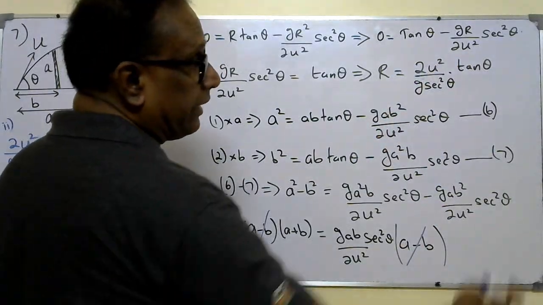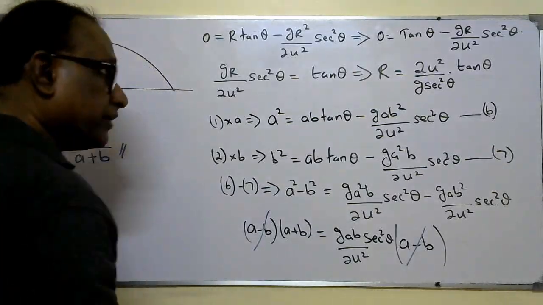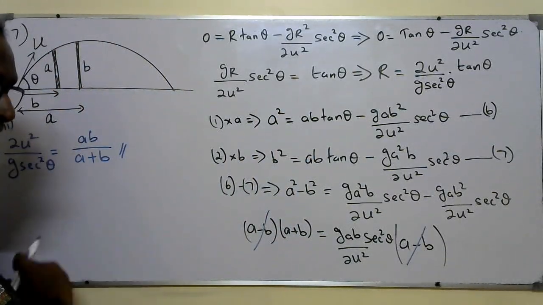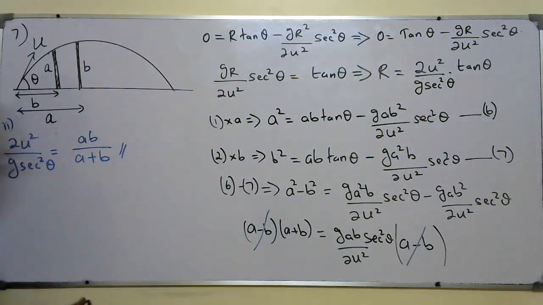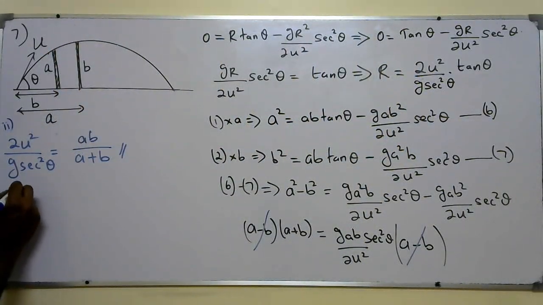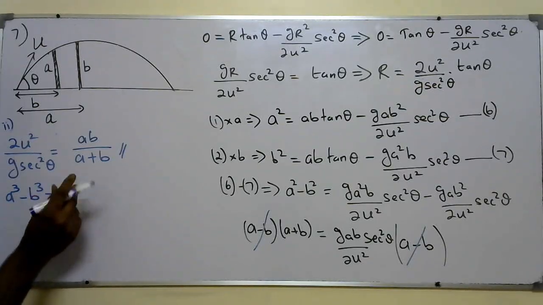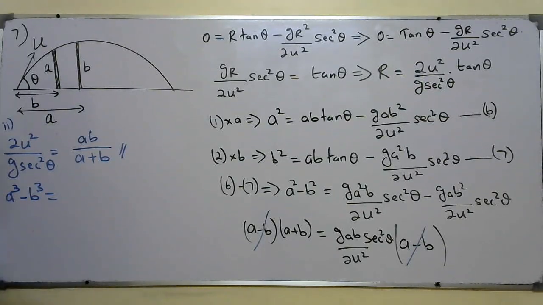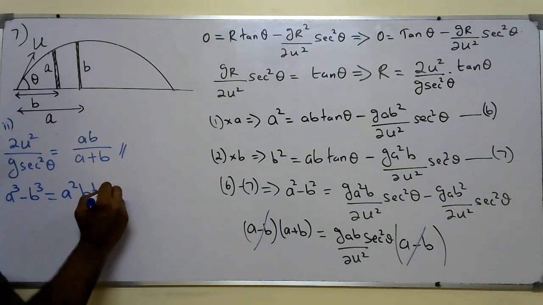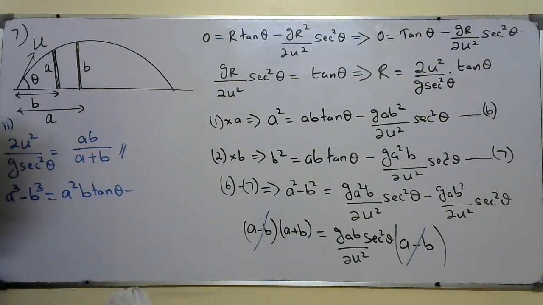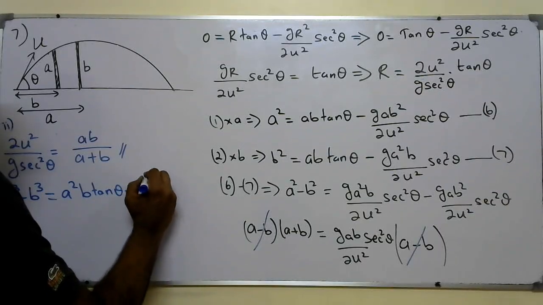Then what should I do? I have to find tan theta. To find tan theta, I wrote an equation, I removed it. a cubed minus b cubed, I wrote it before erasing it. a cubed minus b cubed equals a squared b tan theta minus a b squared tan theta.